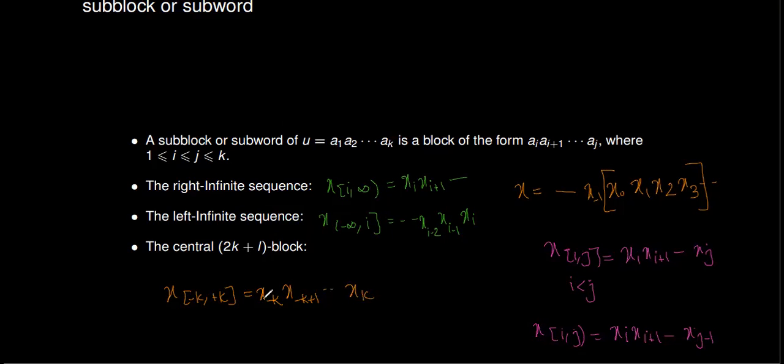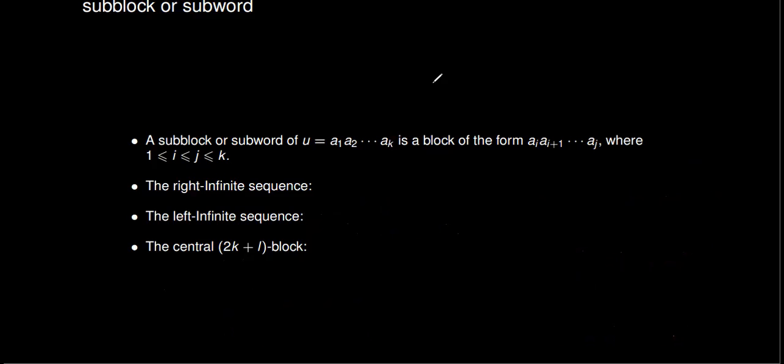Right now, why do we say 2k plus 1 block? Because the length of this block is 2k plus 1. So right now we have learned some basic definitions here. Let's go to other concepts.